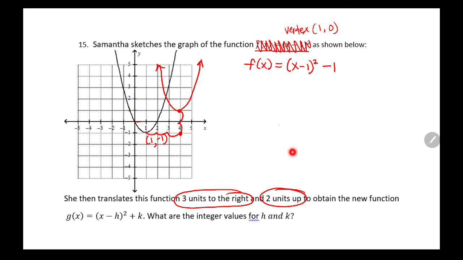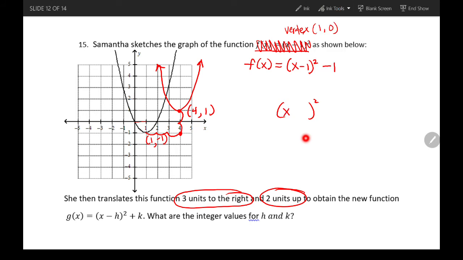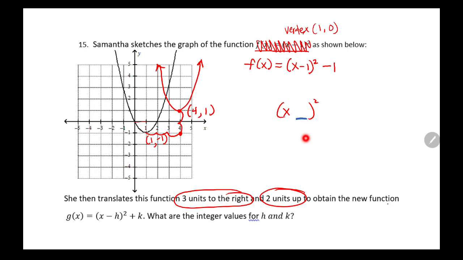So if you remember how to do vertex form, this is a super simple problem. If I told you I had a new parabola at this coordinate point, 4, 1, and notice I got that by literally drawing the shift, then you should be able to flip the inside, figure out what goes here, and then keep the outside number. So I need you to try and figure out what numbers go here and here based on this new vertex.